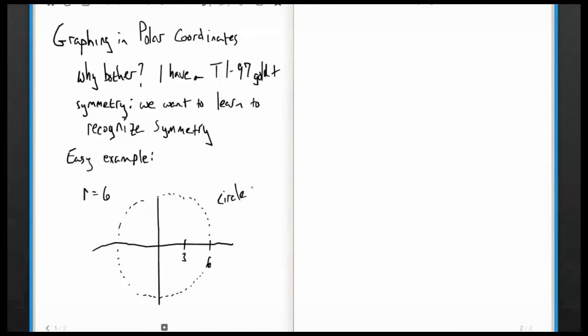Right. Another easy one: let's just set theta. It doesn't depend on r. Theta equals pi over 4. Okay, so we do the same thing. Remember, these are not axes.